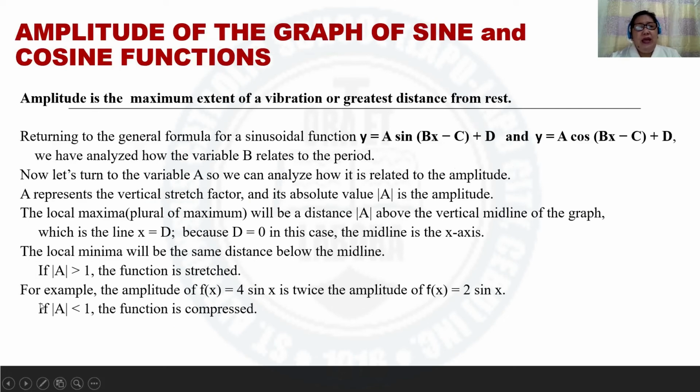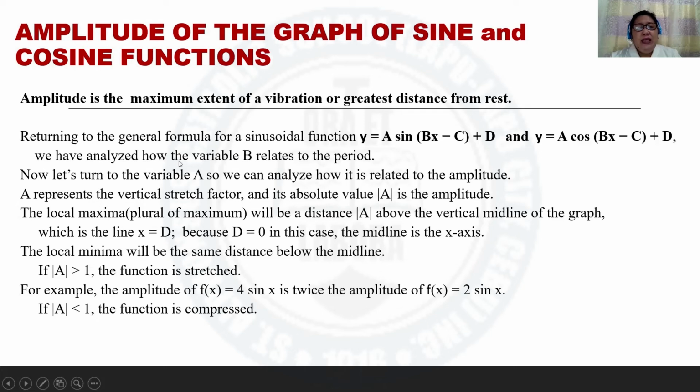Next, let us have the amplitude of the graph of sine and cosine functions. Amplitude is the maximum extent of a vibration, or the greatest distance from the rest. Returning to the general formula of sinusoidal function, we have y is equal to a sine times the quantity bx minus c plus d, and y is equal to a cosine times the quantity bx minus c plus d.